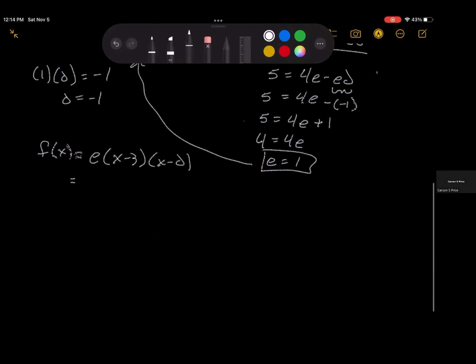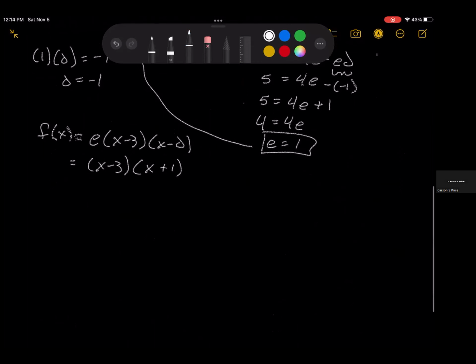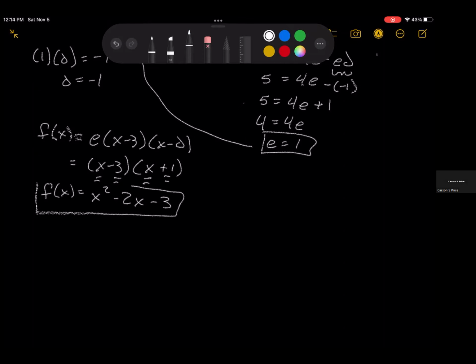We figured out that e was 1, and we figured out that d was minus 1. So our function is equal to x squared minus 3x plus an x, so minus 2x, and then minus 3. This should do everything that was required of it.